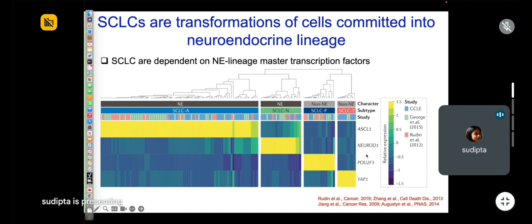Not only is this neuroendocrine origin, these transcription factors are absolutely necessary. If you delete them, the cancer cell growth will be completely gone. So these are committed to the neuroendocrine lineage, the mature cell, whatever it was, and then it stopped maturing.